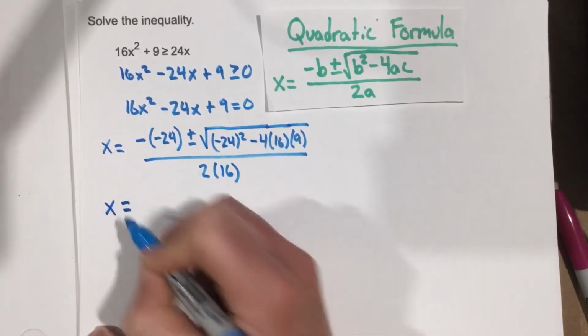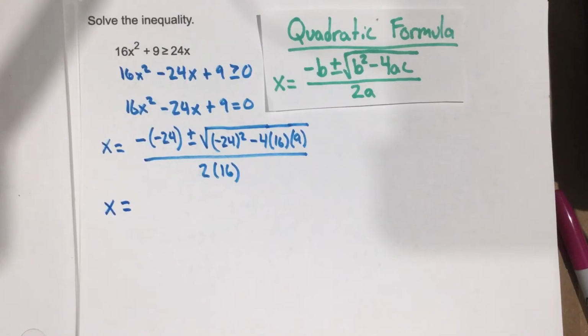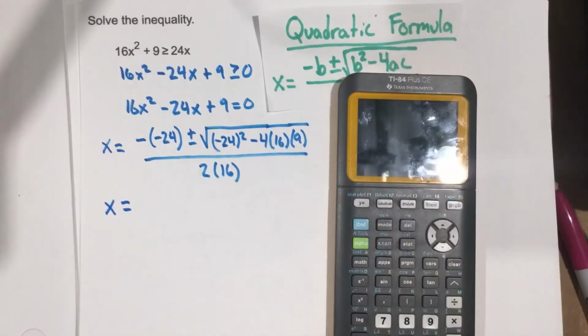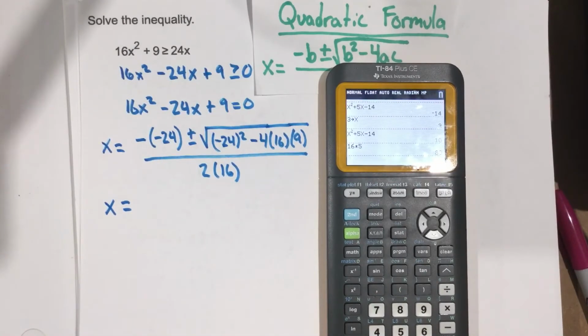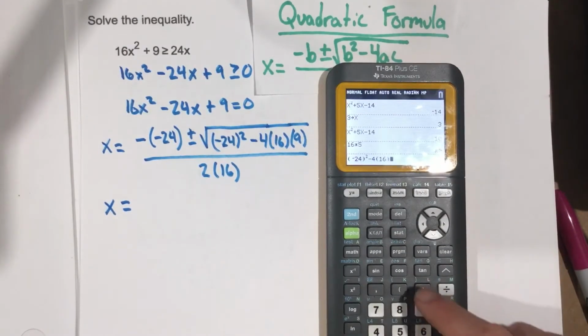So that's going to be x equals, and I'm going to start plugging some stuff in the calculator. So we're going to do the inside radical here, negative 24 squared minus 4 times 16 times 9.